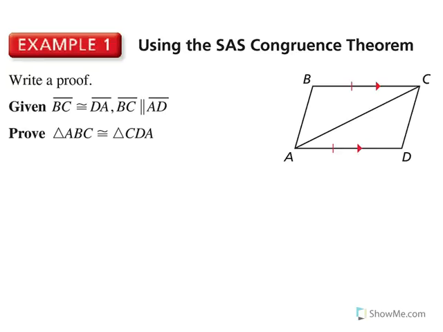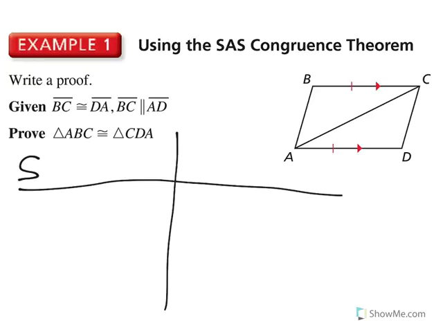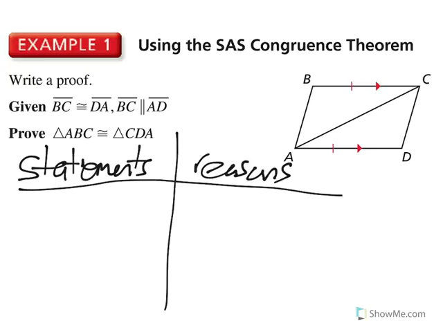So in example 1, we're going to want to use the SAS congruence theorem. We're going to be doing proofs a lot with these triangles. So first, think about a proof. I need my two-column proof. So I need my statements and my reasons. And then I'm going to start off with my givens.